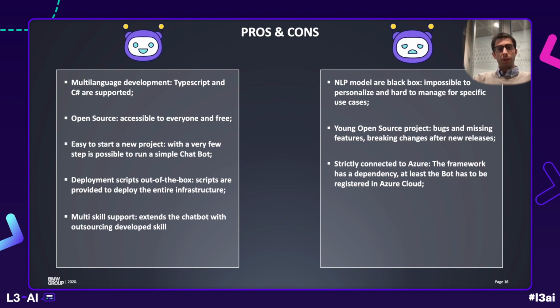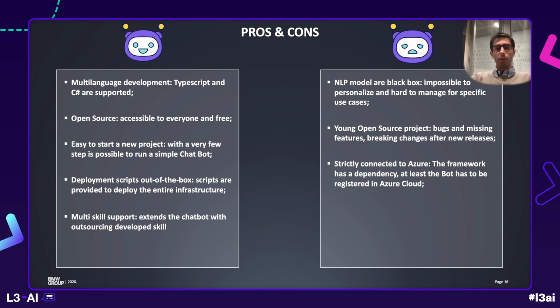From the other side, the cons that we see, also from our experience until now, are that the NLP models are a black box, since we are using LUIS. You can train the model a bit, but you cannot personalize it, and in specific use cases it can be a bit annoying.